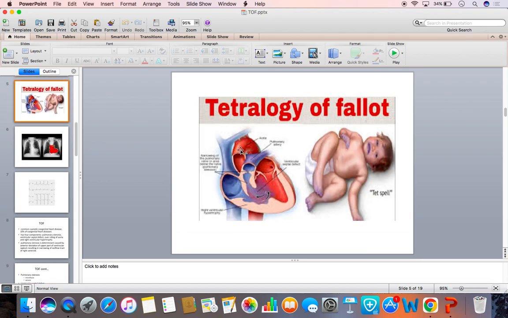This is the baby admitted into the emergency service with TET spell. Baby is severely dyspneic with generalized cyanosis and respiratory distress, and attended to in the emergency and managed with emergency care.